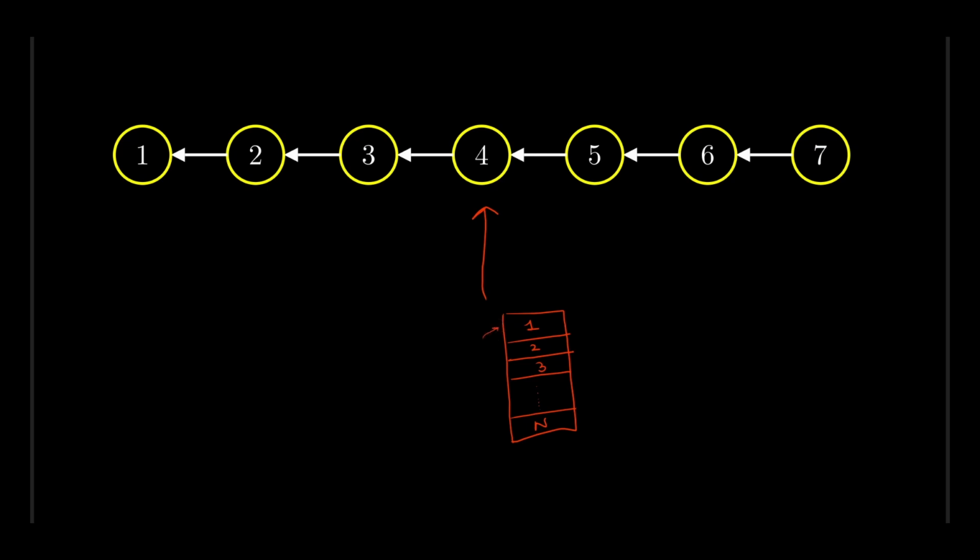how many new graphs will be added to each of these entries? So now suppose we are dealing with a case where the edge that you are adding is, let's say, from 4 to 6. Okay.